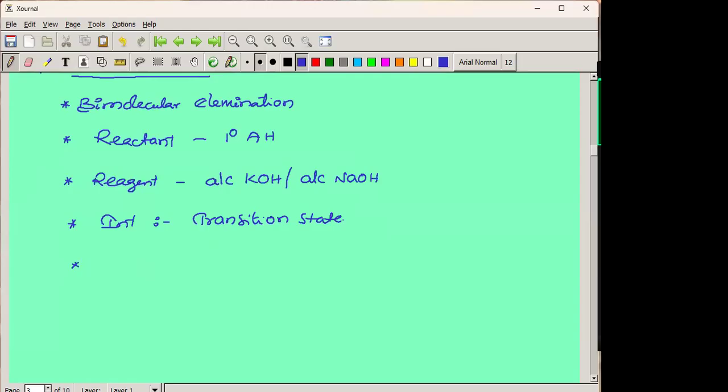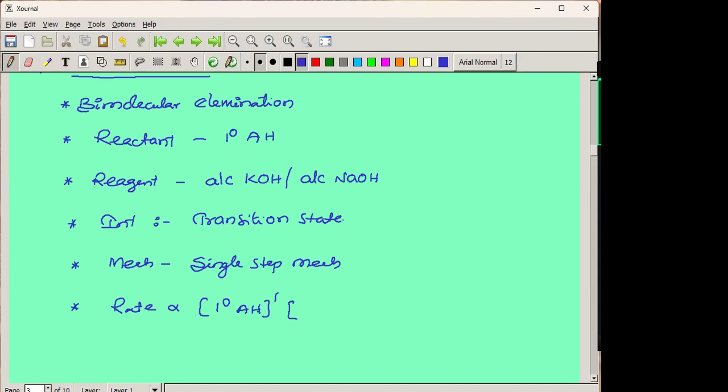So here, the mechanism is a single step mechanism. And here the rate of reaction is directly proportional to the concentration of primary alkyl halide to the power of 1.